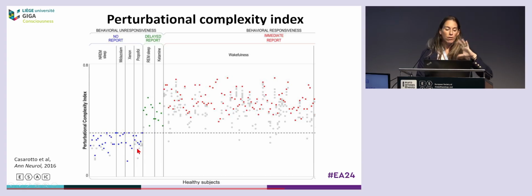Wherever you stimulate, on any participant, you don't reach that threshold. However, when you are dreaming in REM sleep, or under ketamine anesthesia, when we stimulate the brain we have a high perturbational complexity index, as you can see here in green, and those numbers parallel the numbers of anyone who is still awake and conscious here in the room, with those red dots.